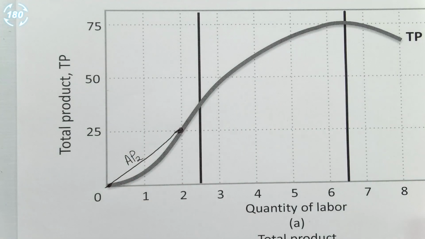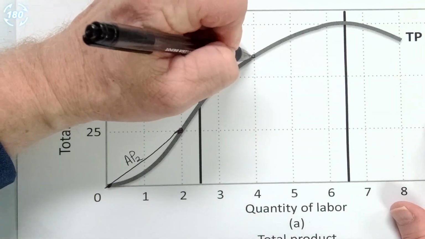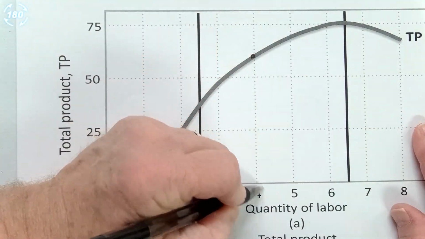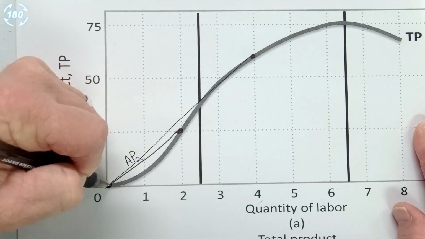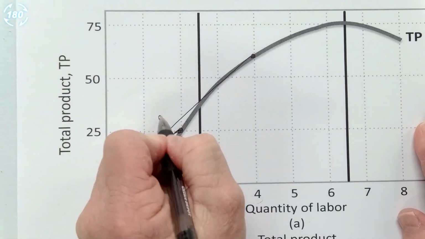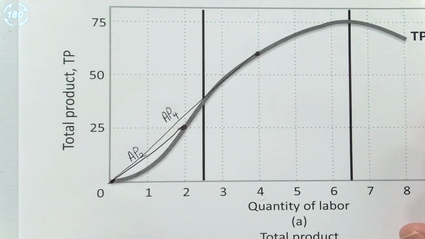Okay? What's the average product of 4 workers? I'd do the same thing. I'd connect this point up here above 4 workers and I would do this. And the slope of that is the average product of 4 workers.